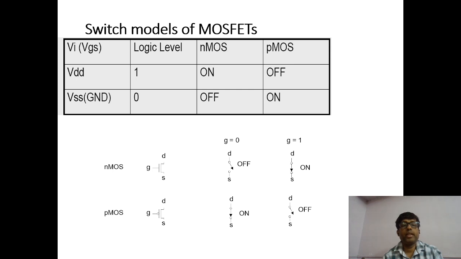If we define VDD equal to 1, some voltage that indicates 1, and VSS as 0, we have seen that when G equals 0 for the NMOS, it is off, and when G equals 1, it is on. The opposite holds for the PMOS: when G equals 0, it is on, and when G equals 1, it is off. So this is the switching application model of the MOSFET. Okay, this is the main application of the MOSFET.